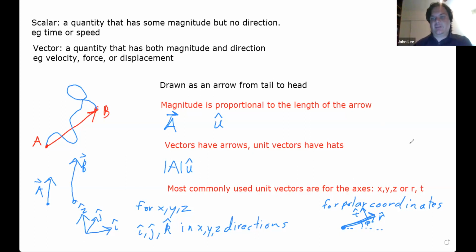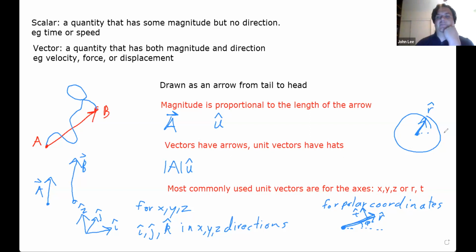Another example is you just have a disk. You go out some length along the disk, and then that vector is going to be pointing in the r hat direction, even though it's not pointing anywhere in the x, y, and z axis.